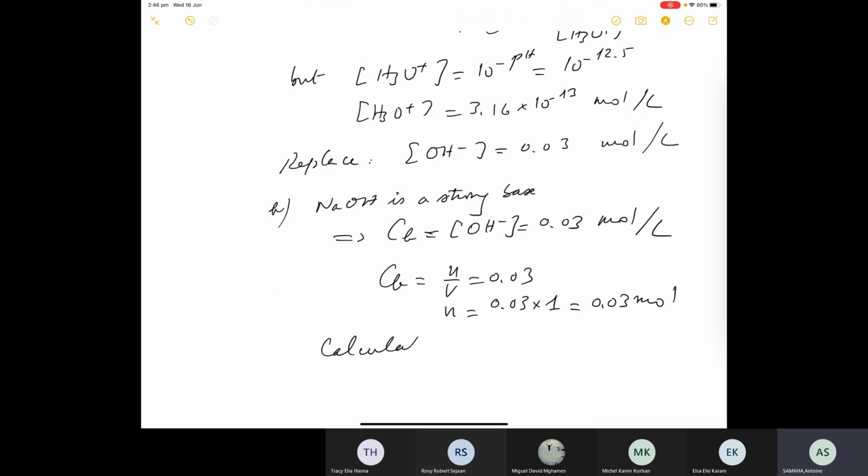Calculation of m: m equals n times molar mass, so 0.03 times 40. Well done.